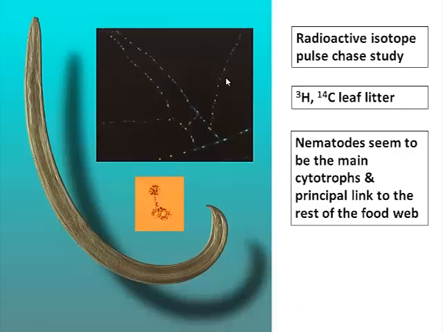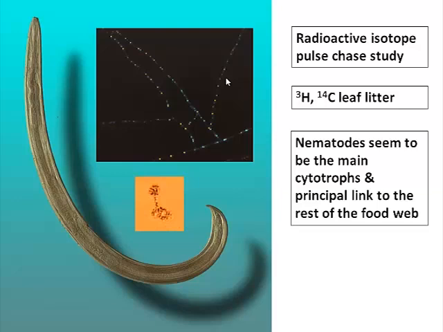So if we take a look at this and have a look at the impact these things may have, we tried to do, at first, radioactive labeling studies where we were labeling bacteria, various kinds of protists, and litter, and fungi, and trying to see where the label would end up.